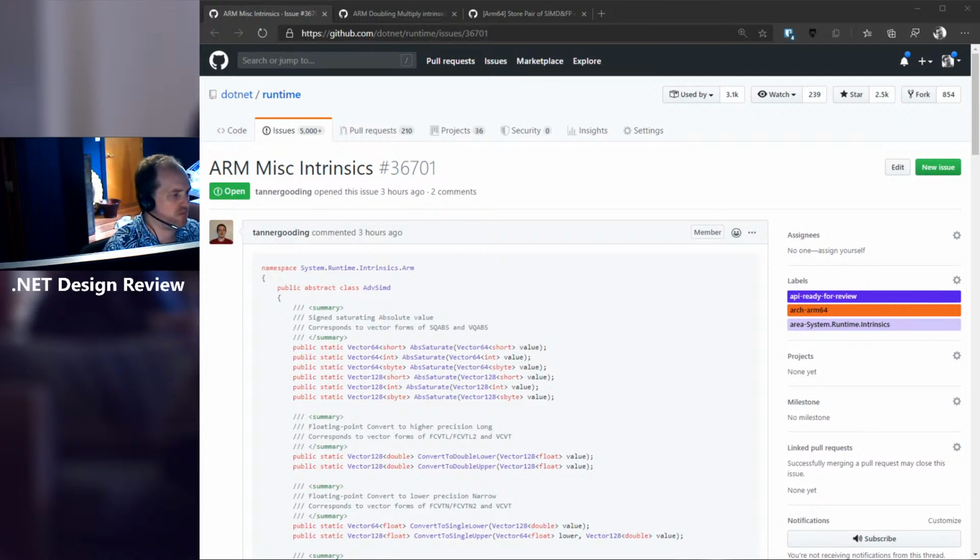That's what's there. Yeah, because I thought you suggested to drop lower. No, no. For the variant that takes a vector 128, we can't use that, because that would imply we'd take one float rather than a higher vector. So we'd have convert to double vector 64 float, and then convert to double low vector 128.